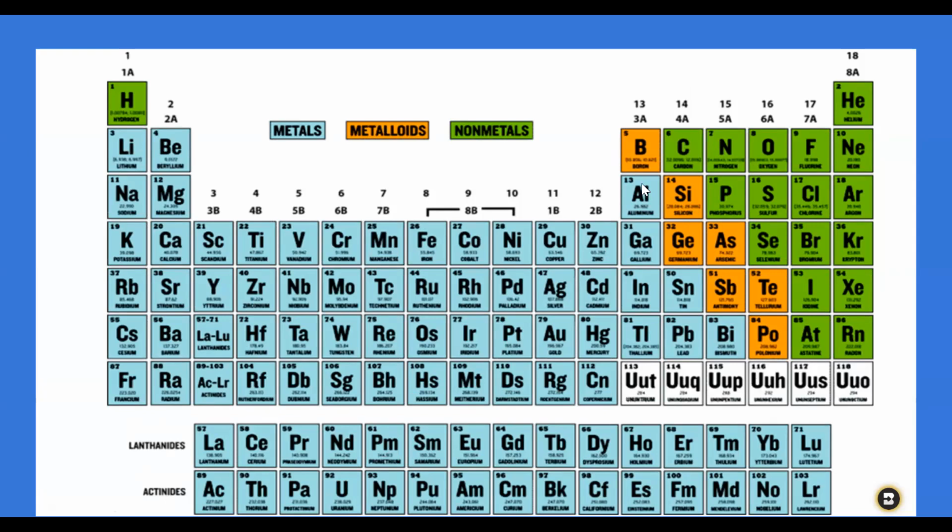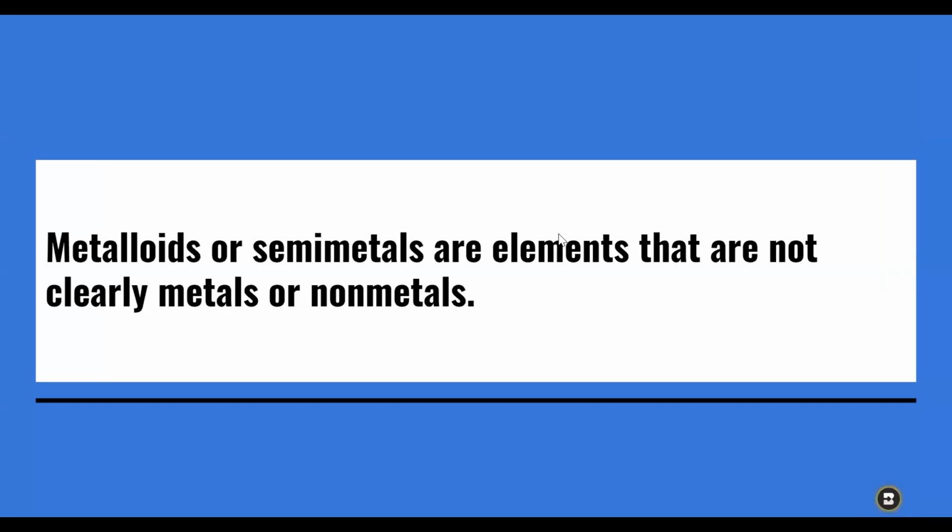Aluminum is not a metalloid, though it's on the staircase. Aluminum is a metal. Hydrogen is a non-metal, though it's on the left side of the staircase. Metalloids or semi-metals are elements that are not clearly metals or non-metals. They're in between. They have some characteristics of metals and some characteristics of non-metals.